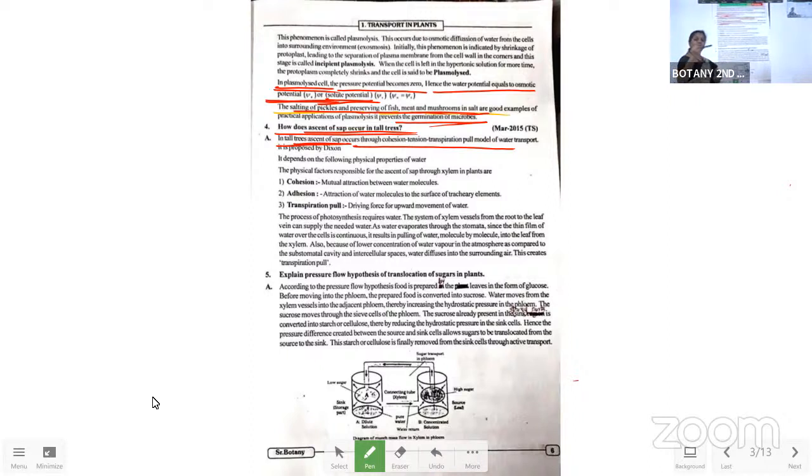Like that, the pressure also works out to suck the water, take the water from the soil and pump to the upper parts of the plant body. That's the one. So for this, there is a theory that is called the cohesion tension theory.